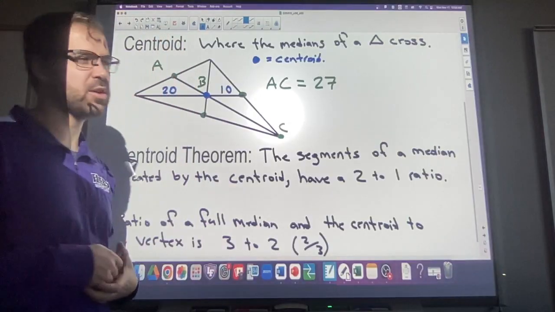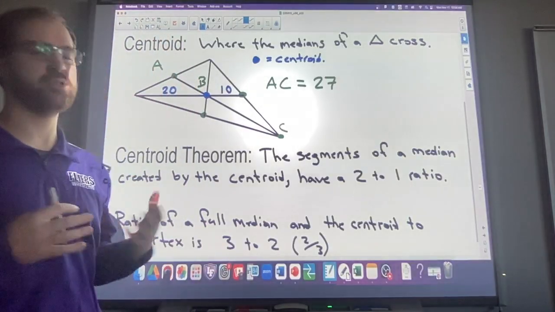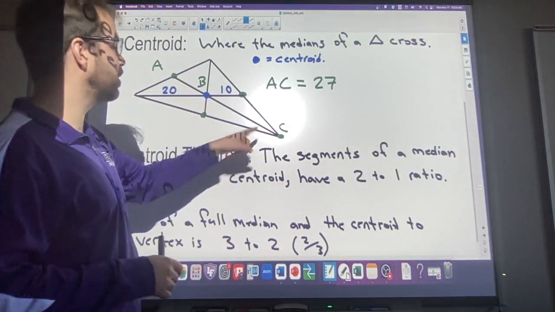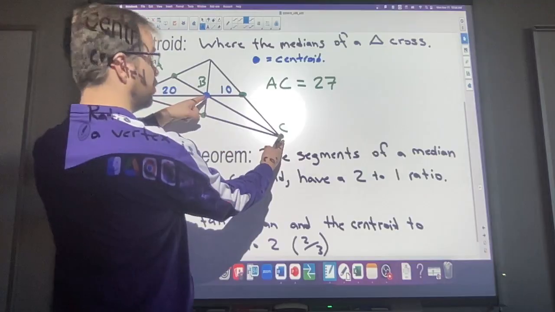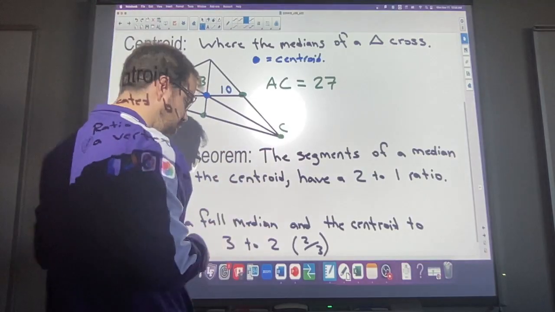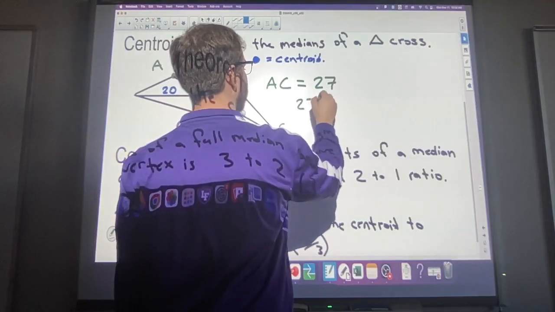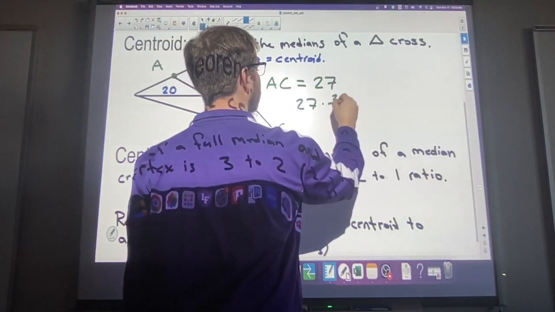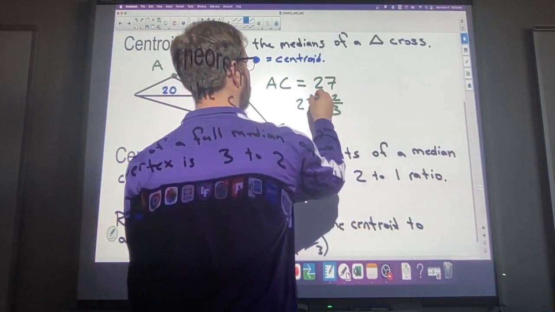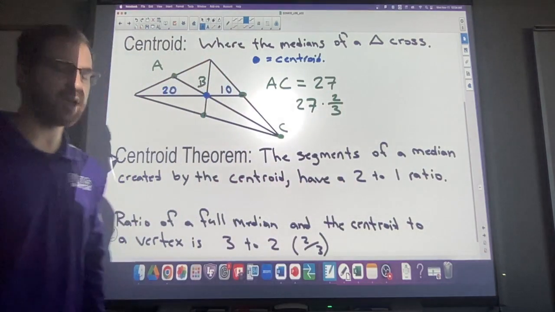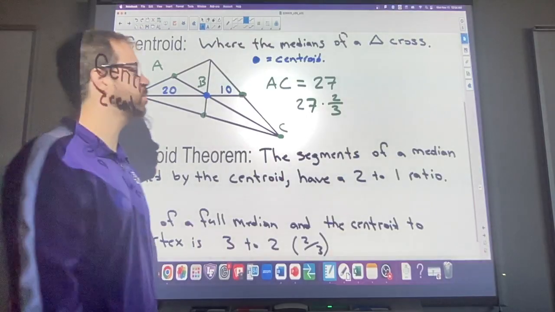But what the textbook is going to do when they show their work is they're going to use this 2/3 ratio, okay? So here's what I mean. We know the full thing is 27, and we know that this right here is 2/3. So they're going to say, what is 2/3 of 27, or 27 times 2/3? And if you know your fractions, that should be a piece of cake, but I know fractions are a struggle for most people.